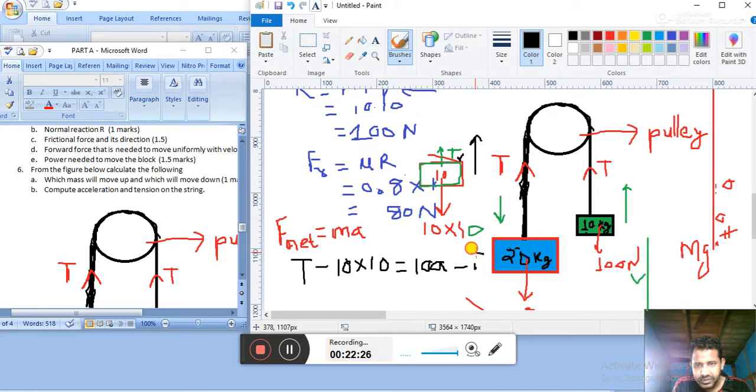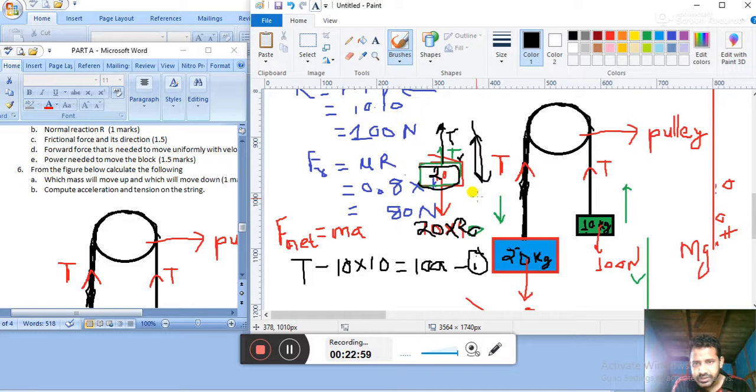The same scenario is here. Think this mass is 20 kg. Downward force will be 20 into 10, and upward force will be tension, the same tension T as on the other side. This 20 kg will move downward, so we assume the downward force is more.